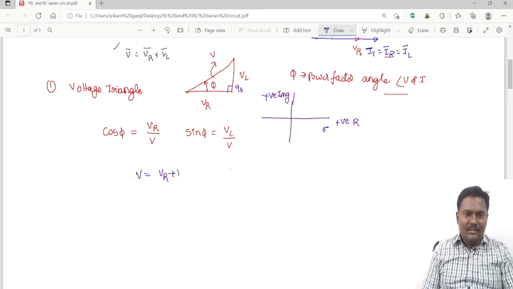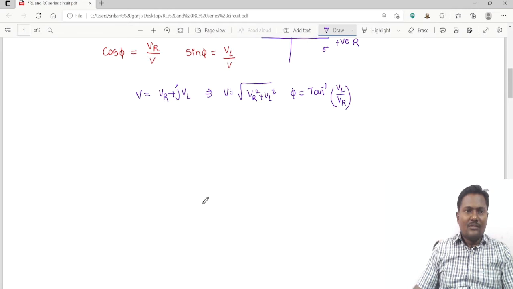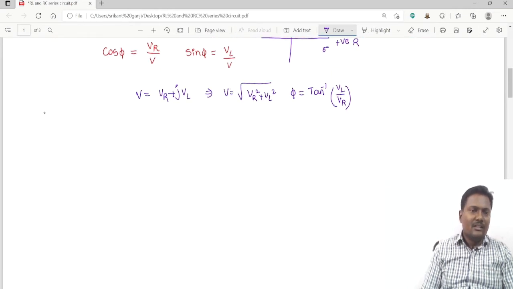So we have the magnitude V equal to the square root of V_R squared plus V_L squared, and phi is equal to tan inverse of the imaginary part by the real part. This is about the voltage triangle.